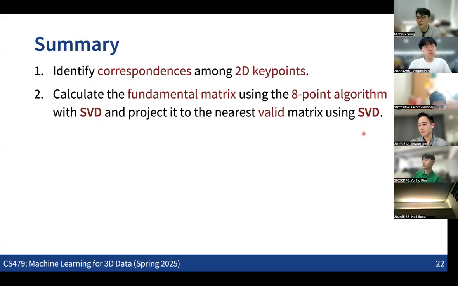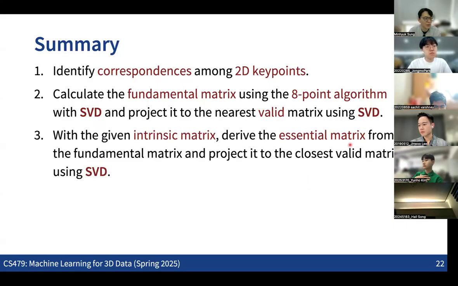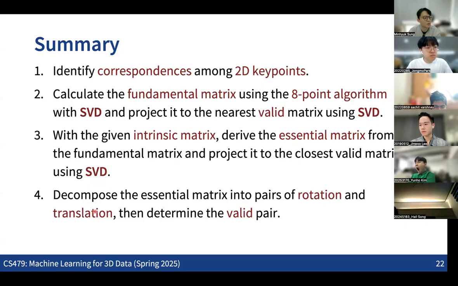Given the intrinsic matrix, we can now calculate the essential matrix, and then do a projection onto the valid matrix using another SVD. Then we can decompose the essential matrix into the rotation and the translation. There will be four possible cases, and we pick the only valid pair.